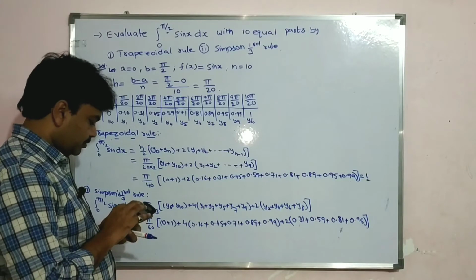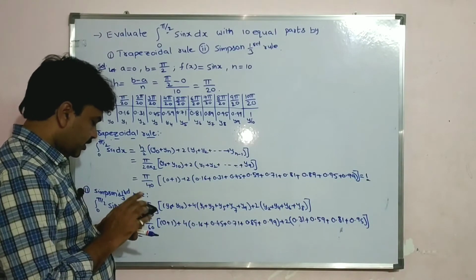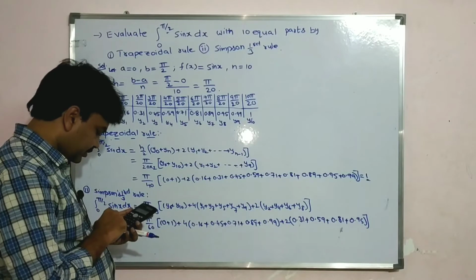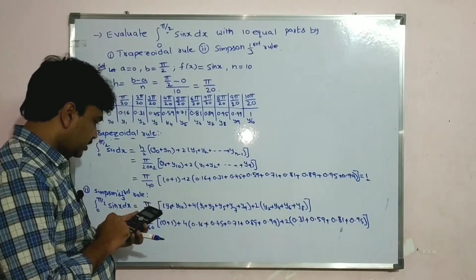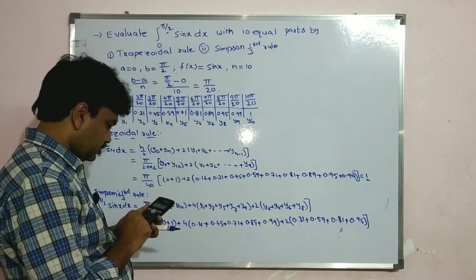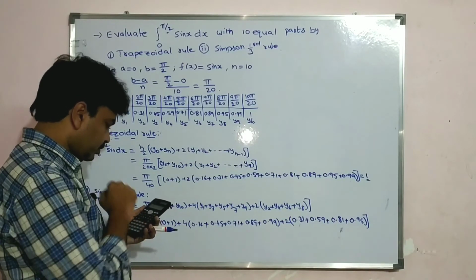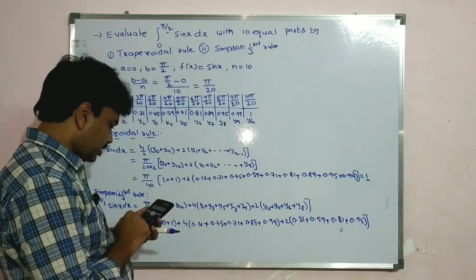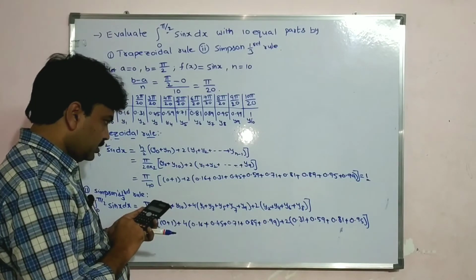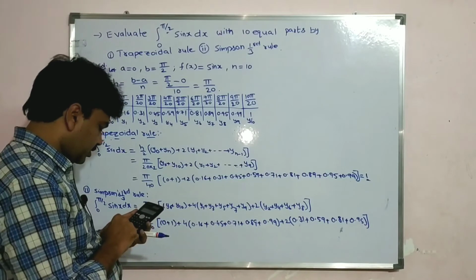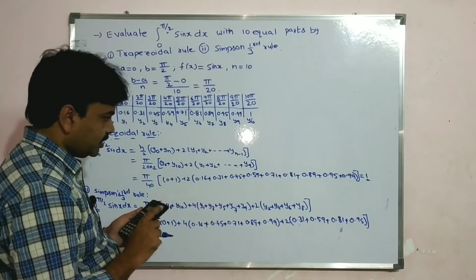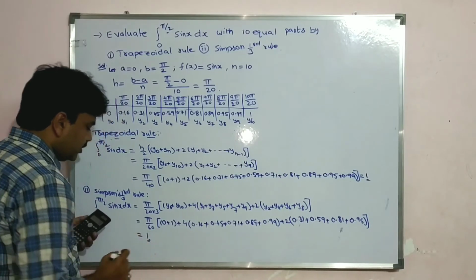Once again, bracket, shift exponential, we get pi, divided by 60, bracket close, again bracket, 1 plus 4 into bracket 0.16 plus 0.45 plus 0.71 plus 0.89 plus 0.99, bracket close, plus 2 into bracket 0.31 plus 0.59 plus 0.81 plus 0.95, bracket close. That is equal to 1.